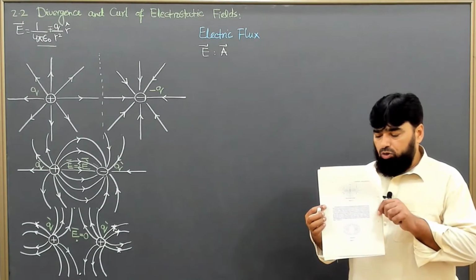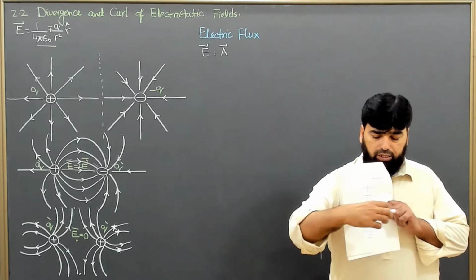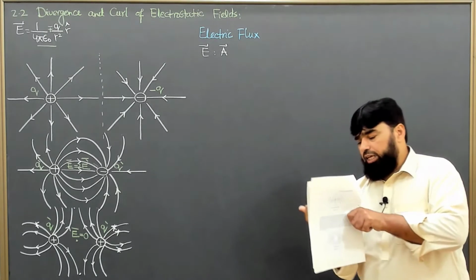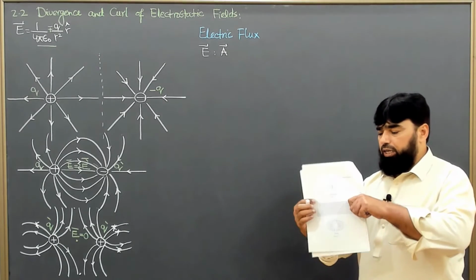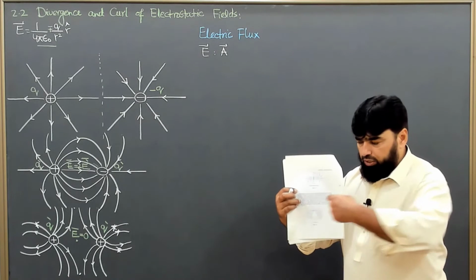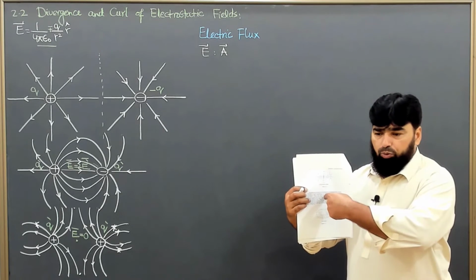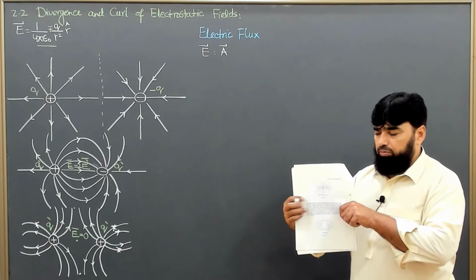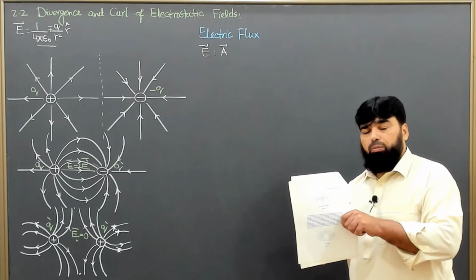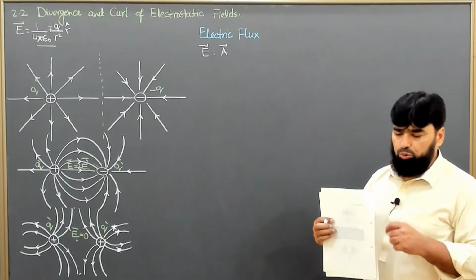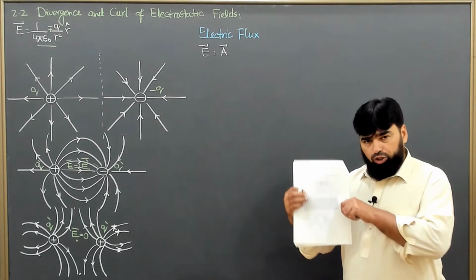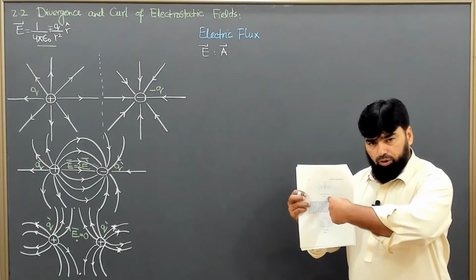If it is cross-sectional to it, like the direction of the field line is in the same direction as the area. When we say cross-sectional, we say the area is perpendicular to it. But when we talk of the area direction, then the area direction will be parallel to it. So these two things are different, and they are not to be confused. Cross-sectional area means perpendicular area.